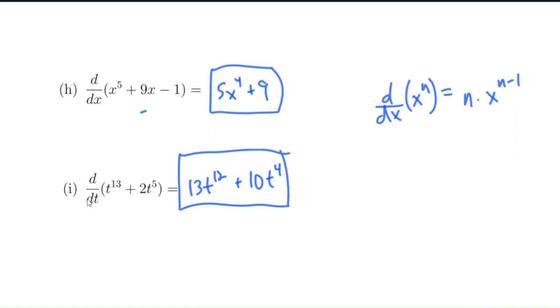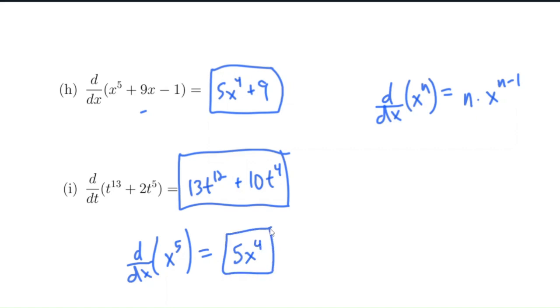Or you could say, what's d dx of x to the 5th power? I usually put parentheses around the x to the 5th. What's the derivative of x to the 5th? Well, it's 5x to the 4th. So notice these rules make taking derivatives much simpler and much quicker. And they're really useful and really helpful compared to having to use the definition of derivative to find a derivative.